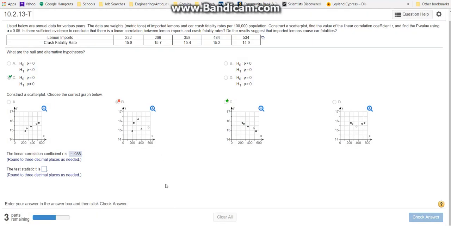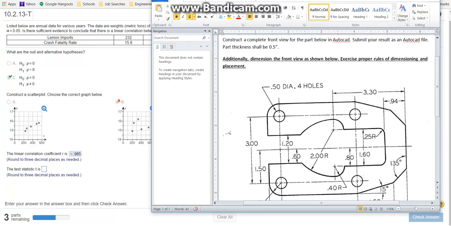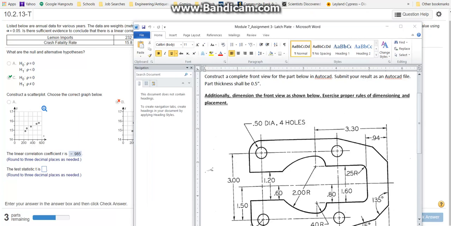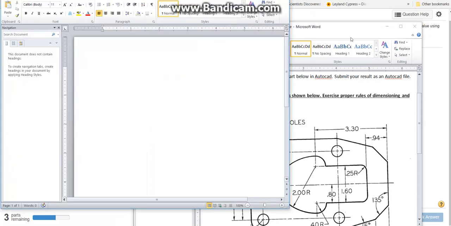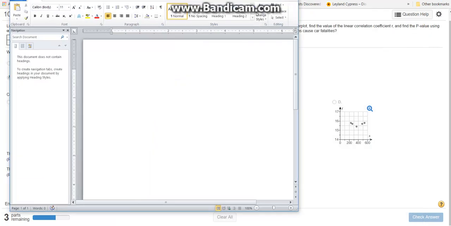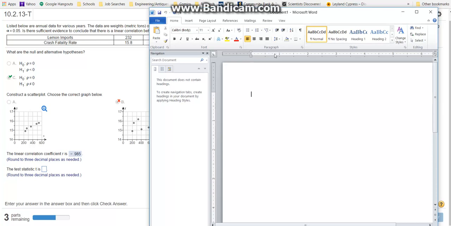Well, in order to find the test statistic, I have to use a formula. Unfortunately, there's not a tool that's available for me that allows me to do that. So let me close that file out there and give you the formula. T is equal to R times the square root of n minus 2 divided by 1 minus R squared.